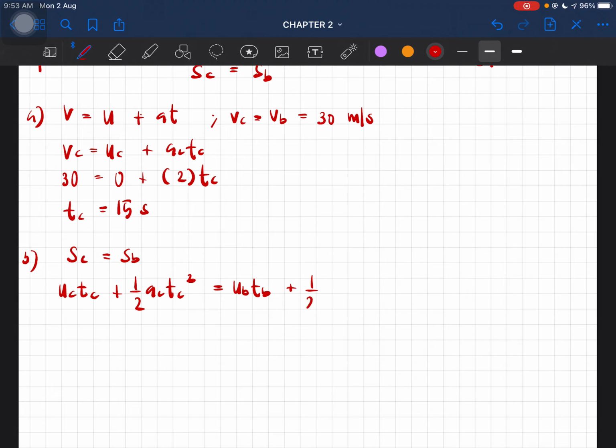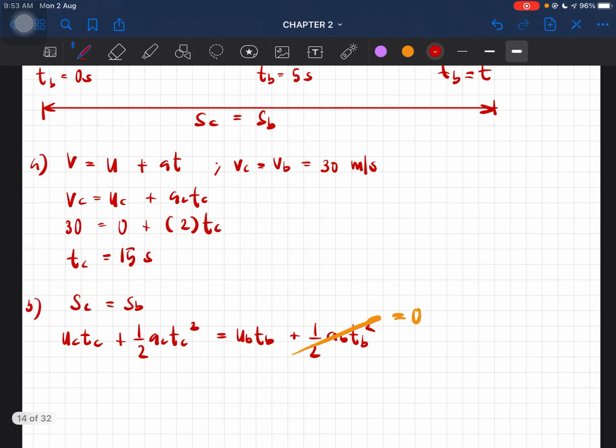Let's just write this as well: u_b t_b plus half a_b t_b square. Okay, however, we know that the bus is moving steadily, so the acceleration is equal to 0.